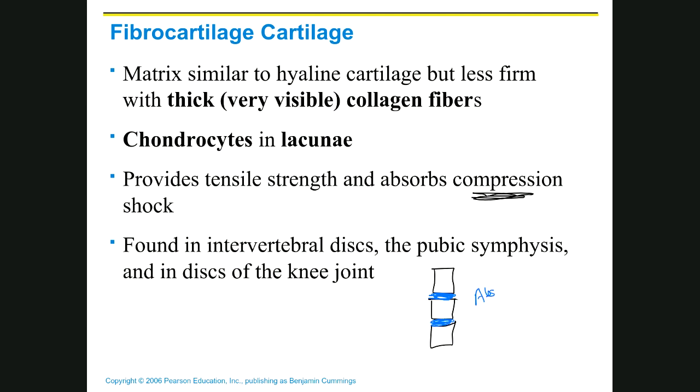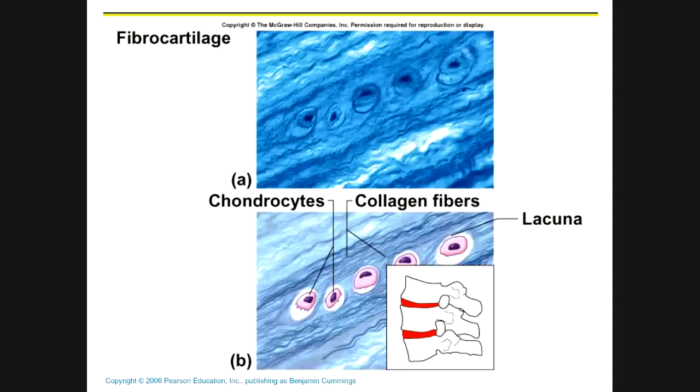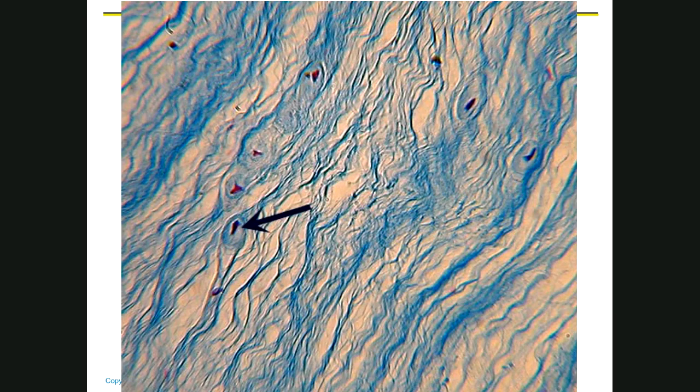So if you jump up and down, the bones don't hit each other. They hit this cushion, and it absorbs the shock. You also find it in the knee. You also find it between the two pubic bones. So that is fibrocartilage.